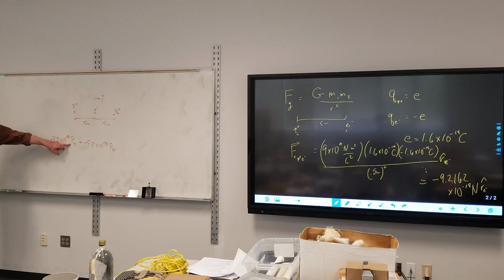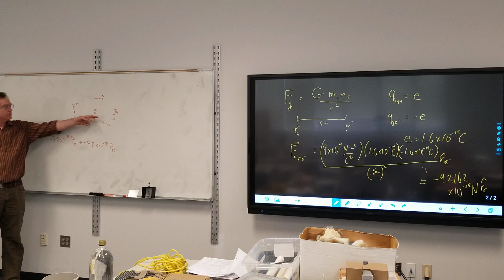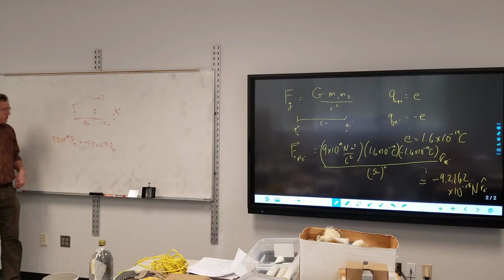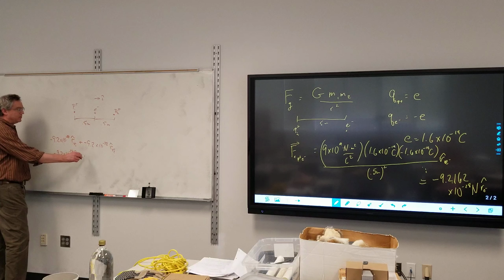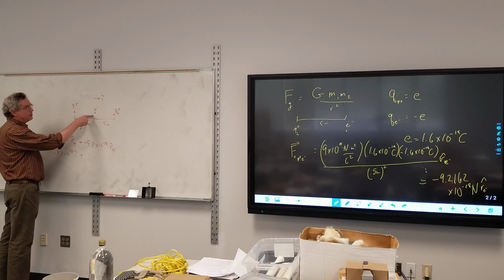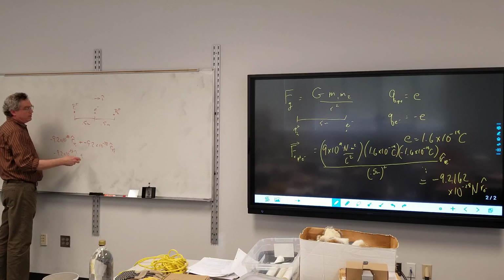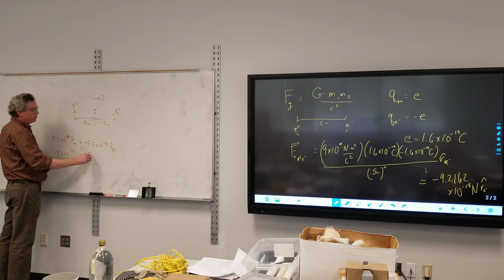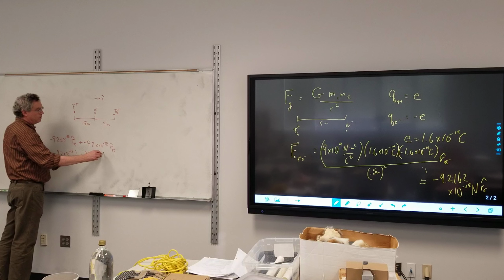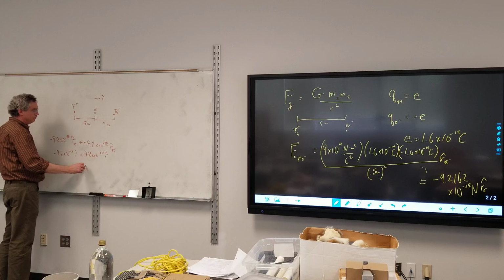I know that our P1 is going away from P1. And so at this point, it's in the i hat direction, so this would be negative 9.2 times 10 to the negative 28th i hat, plus, at this point right here, i hat is heading towards P2, so negative r hat P2 is i hat, plus 9.2 times 10 to the negative 28th i hat.